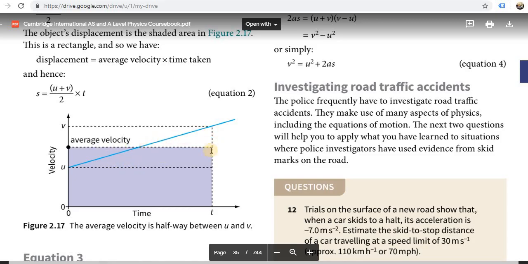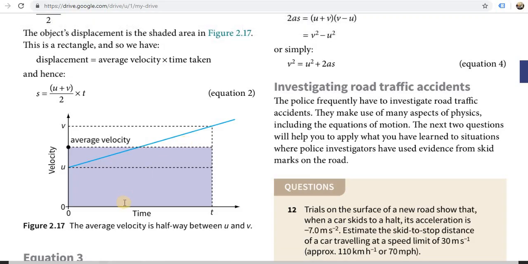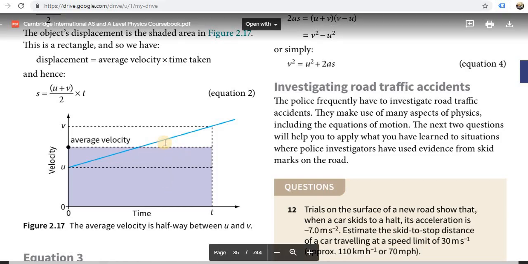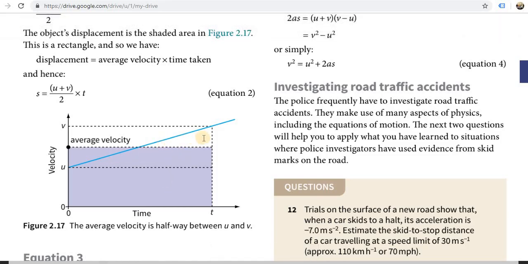Now this is an irregular shape, right? Otherwise we will have to find this area plus this area plus this area. So we'll have to find the area of a rectangle, the area of a trapezium, and again the area of a triangle. So it's too much work to do.